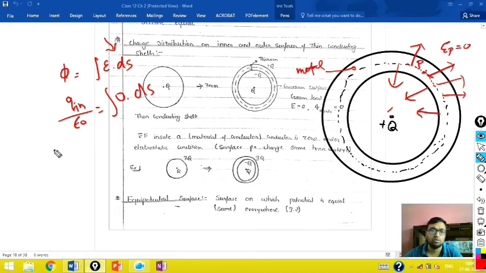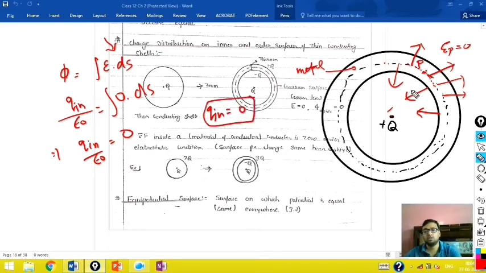So our whole value will come out to be 0, or in short, the charge inside this shaded region should be equal to 0. But if we see this diagram carefully, we don't find it 0. In fact, the charge is plus q. How can we say it is 0?